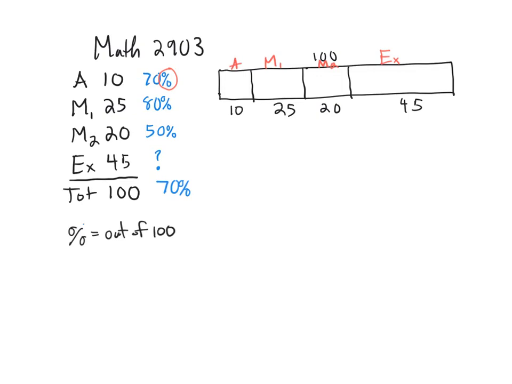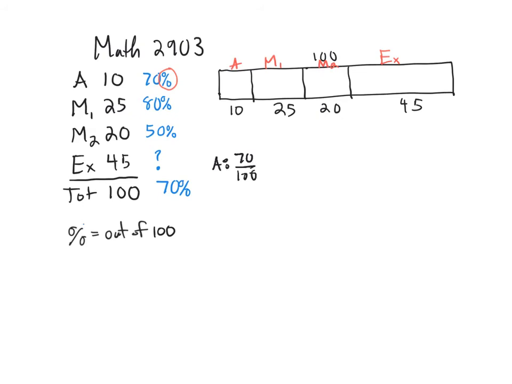So using the idea of proportion, we want to see how many points the student got in each of these 3 sections. We know how many they need overall, or we can calculate that quite easily from this information here. And we'll have to figure out how much they need on the final exam. Okay, let's go ahead. So let's use the idea of proportions here. We know they got a 70%, so this is the assignment bit.